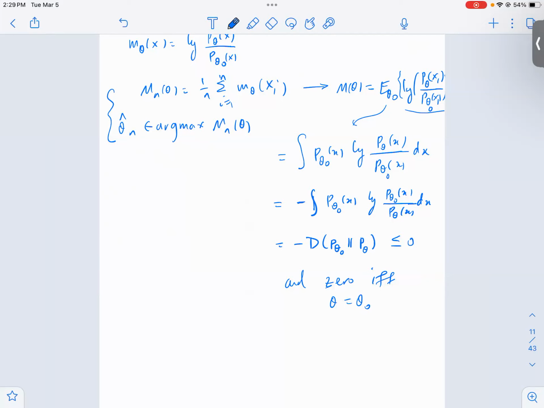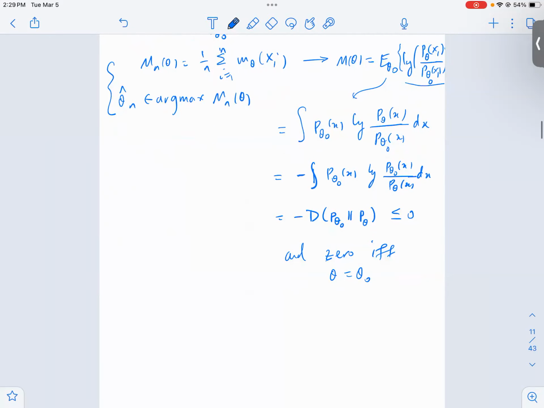Okay, and actually this is not true. It's 0 if and only if p theta naught is equal to p theta as densities, we say almost everywhere. There's a caveat here, but this is true: 0 if and only if this holds. If this doesn't hold, then this would be strict.